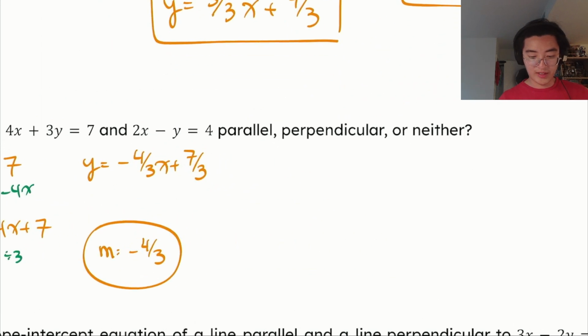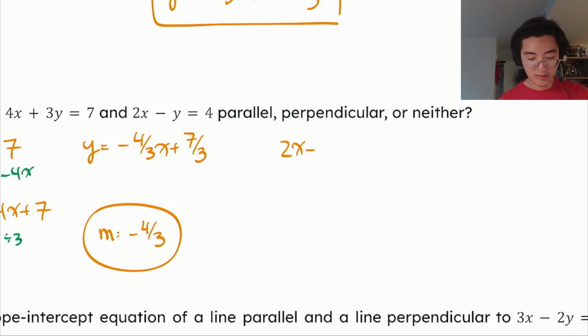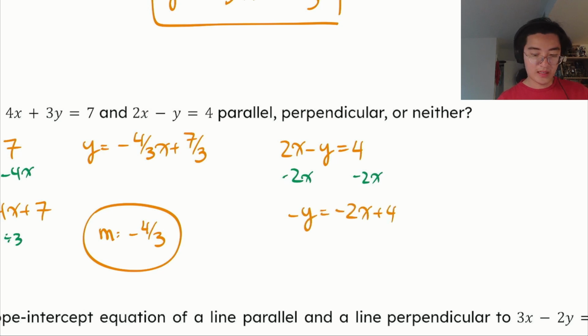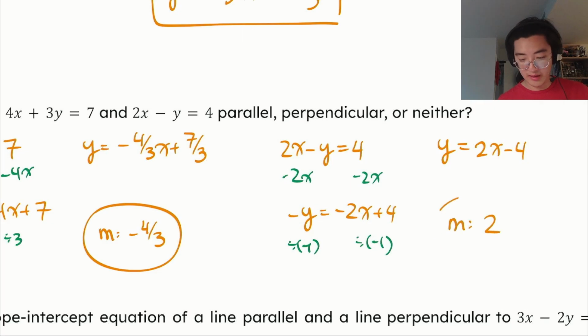Now let's convert the second one. For this one, we can just, oh, sorry, not add y. Move the 2x, and then divide everything by -1, essentially just flipping the signs. So the slope here is 2.